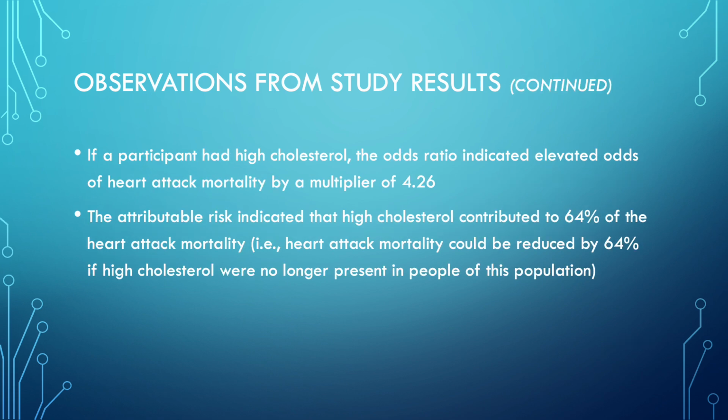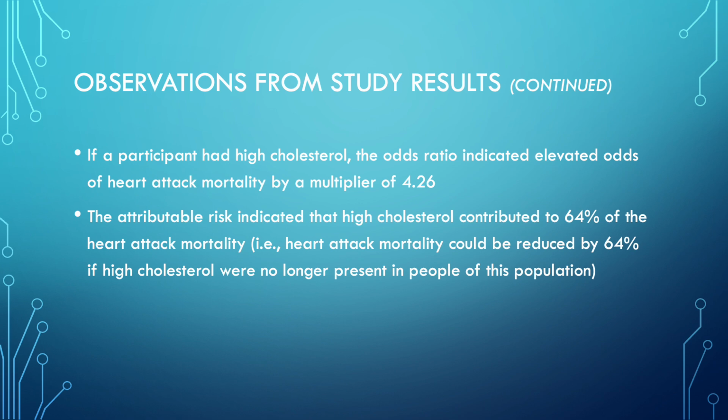If a participant had high cholesterol, the odds ratio indicated an elevated odds of heart attack mortality by a multiplier of 4.26. So if they had high cholesterol, they were 4.26 times more likely to die of a heart attack than those that didn't have high cholesterol.